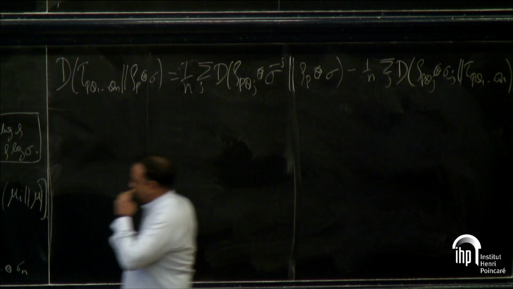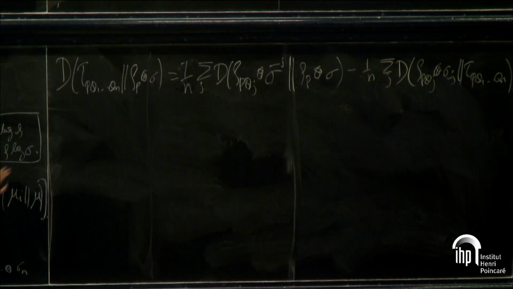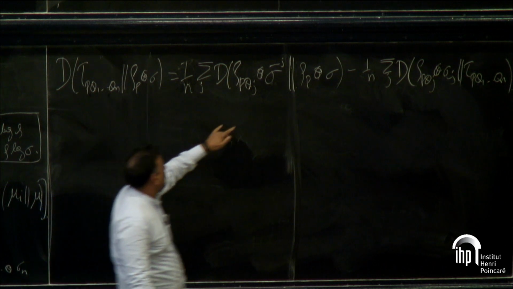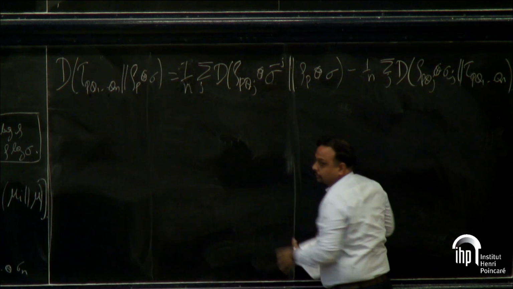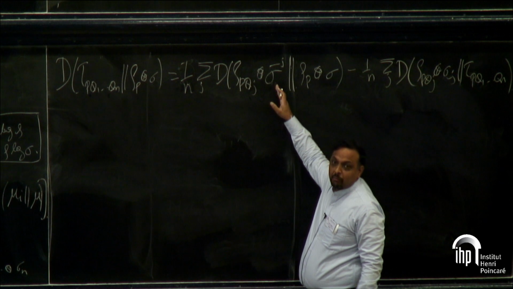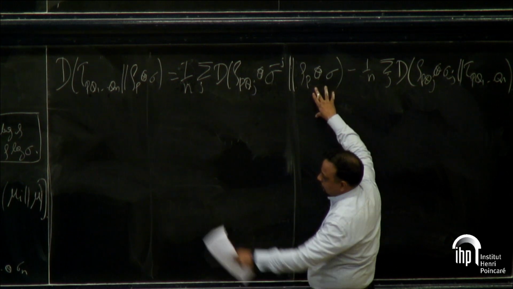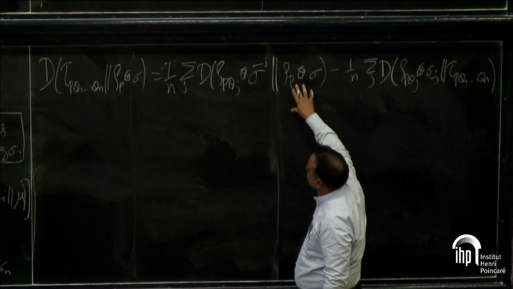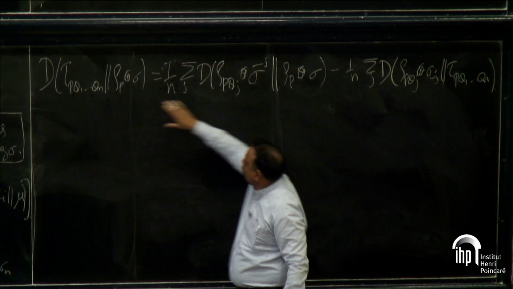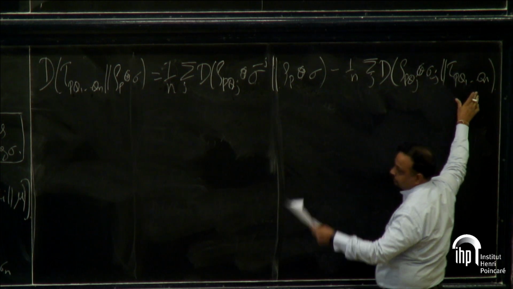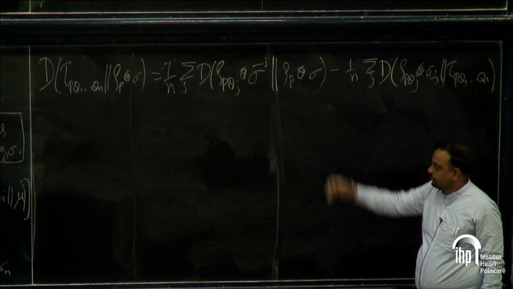Okay, so using this, since tau is a convex combination of these states, rho_{PQ_j} with sigma_{-j}, we have this with the second argument here, and again the same thing with the first argument, as given by this lemma.